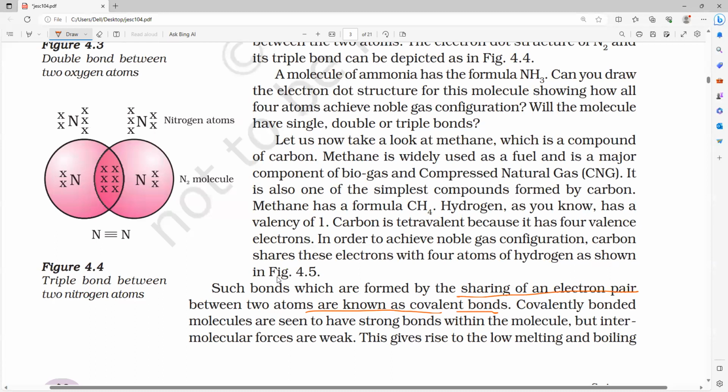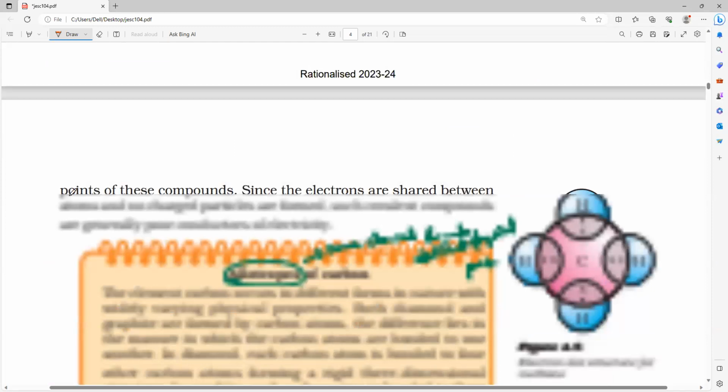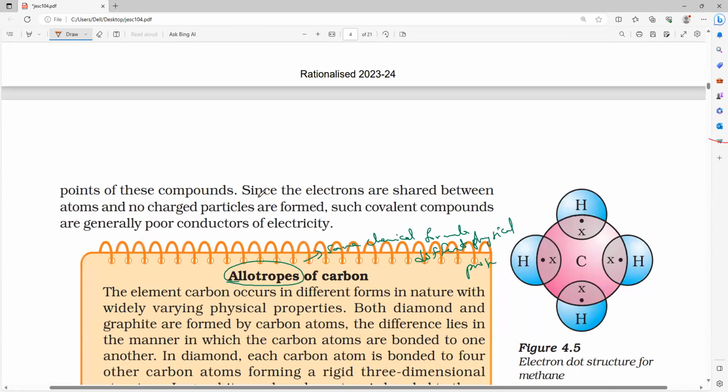Basically, covalent bonds are very weak, and that is the reason they have low melting and boiling points. You all remember that. Covalent compounds are poor conductors of electricity.